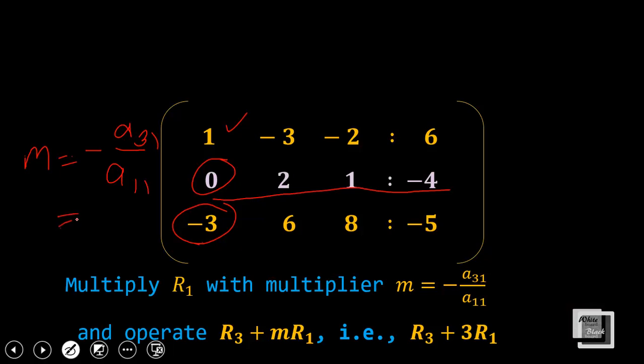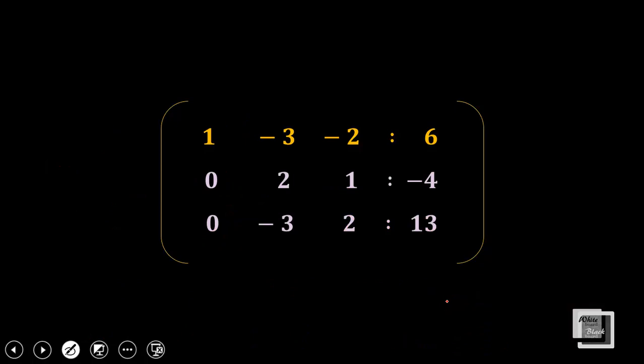We will get m equals to plus 3. So our operation will be R3 plus 3R1. On applying this operation, we will get the third row as 0, minus 3, 2, 13. So you can see that all the elements below the pivot element 1 are reduced to 0.